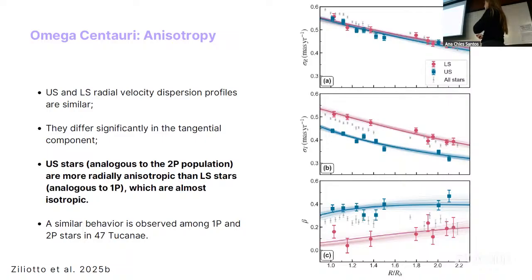And then we see significant differences in the tangential component, translating into different anisotropy profiles. So we see that upper stream stars, which are analogous to second generation stars, have higher anisotropy than lower stream stars. So this could also mean that these stars are far more centrally concentrated than the lower stream stars.